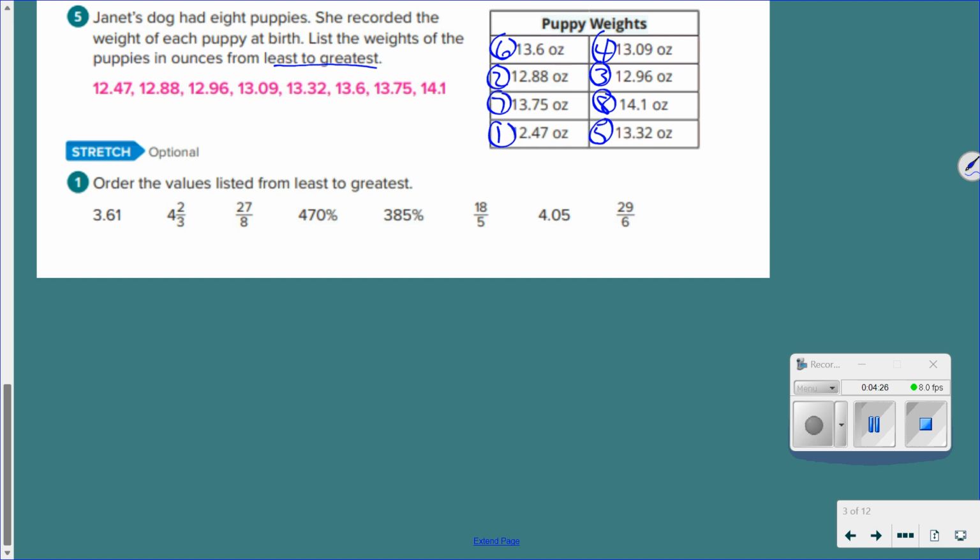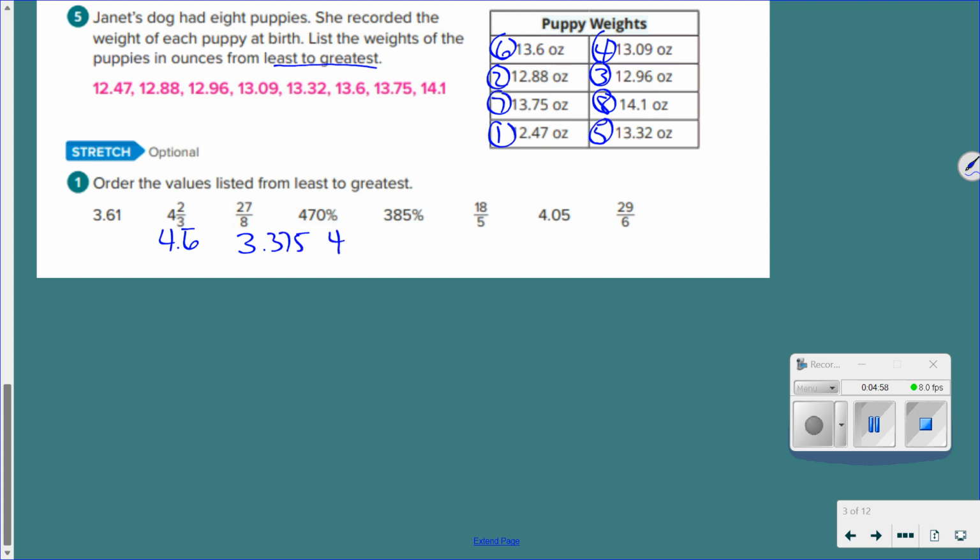Let's look at this one really quickly. Easiest way again is to turn them all into the same format. Since we have a mix of all of them, I would probably just go ahead and turn them all into decimals. Decimals are kind of my default. So this one would come out as 4 and 6 hundredths repeating. 27/8, that's going to go 3 times, and 3/8 is 125, 375, so 3.375.